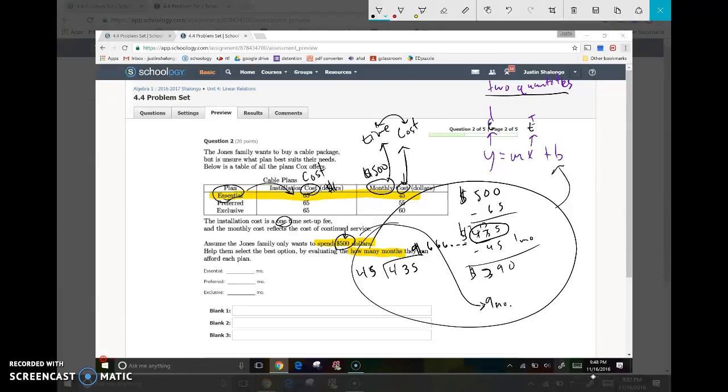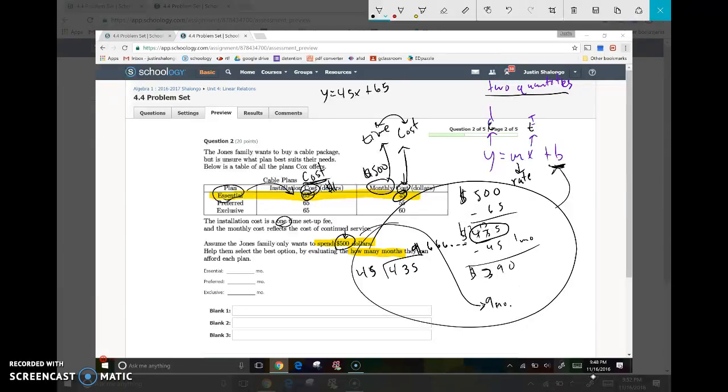And because I know that m represents my rate, or the relationship between the change in the two quantities, I know that this 45 is my m. And because I know that b represents the initial value, in this case the initial cost, I know that this 65 represents my b. So I can set up this equation: y equals 45x plus 65.